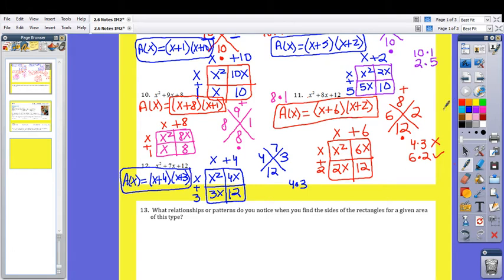Now, this is asking what relationship or patterns you noticed when you find the sides of the rectangles for a given area. So, what we figured out, if we multiply the sides of the rectangle, we get the area.